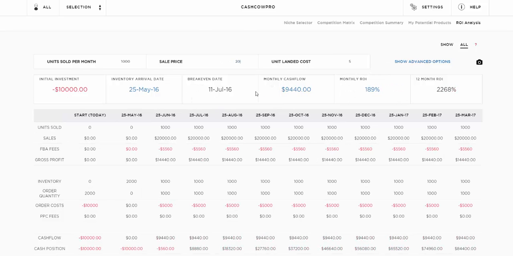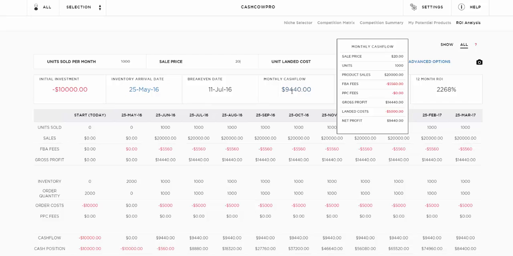So it is estimates, but it does give you enough of an indication as to whether you continue with the product or not. So I strongly recommend before any product you do, you put in how much you expect to sell per month, the sales price and the unit landing cost, and you go through this process and you analyze it.